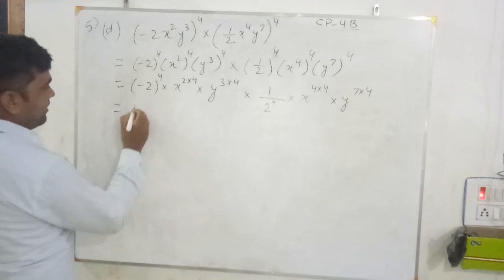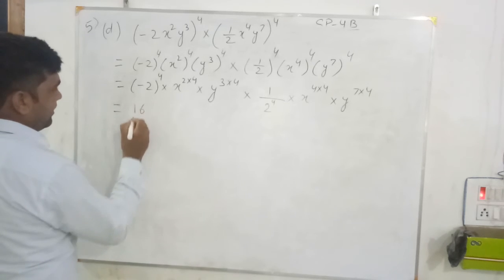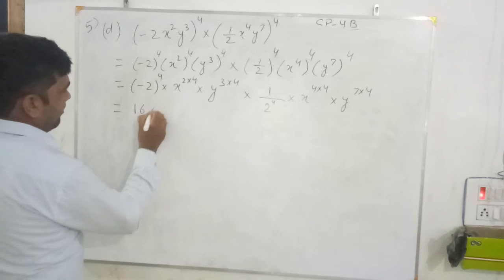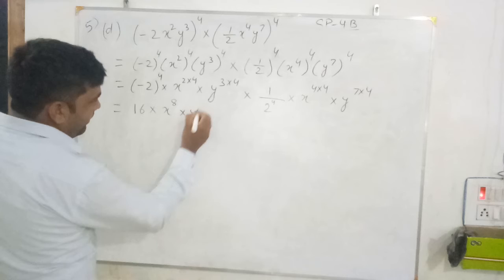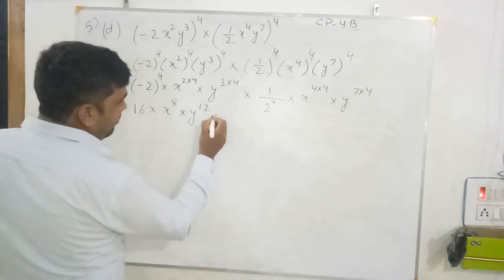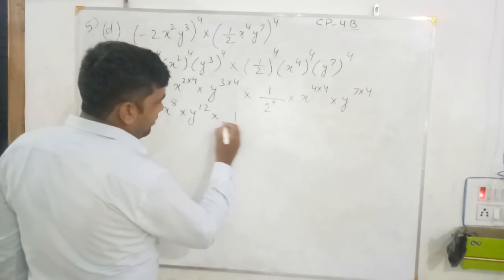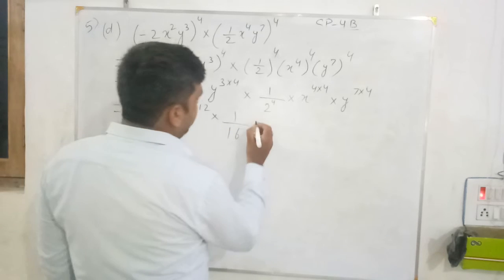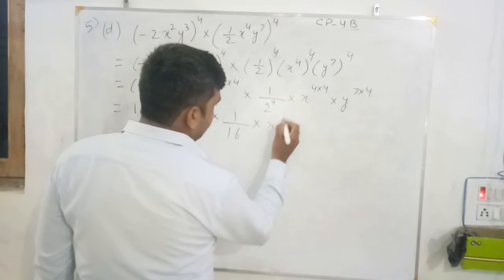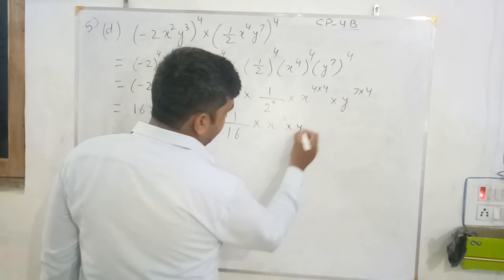Base is negative, power is even, so the value you will get is 16. 16 multiply x to the power 8 multiply y to the power 12, multiply 1 upon the value of 2 to the power 4, which is 16, and here multiply x to the power 16 multiply y to the power 7 fours are 28.